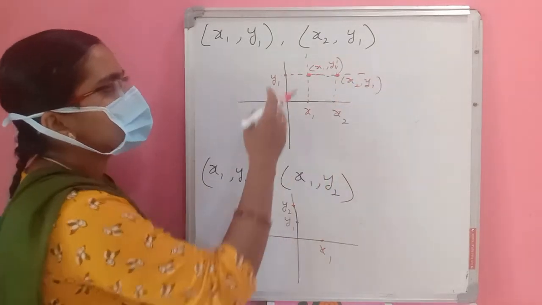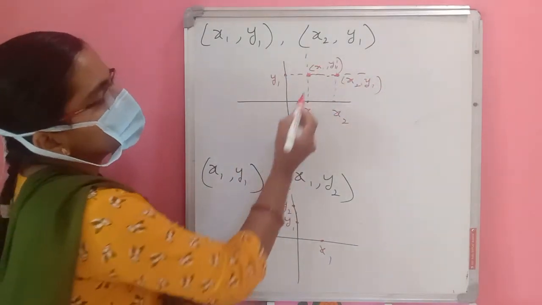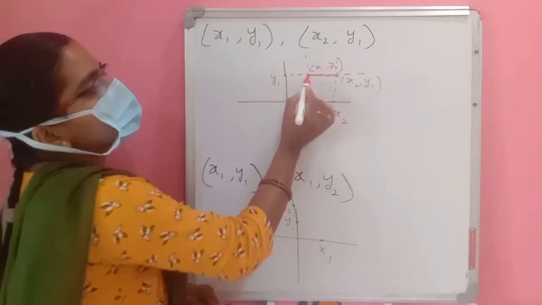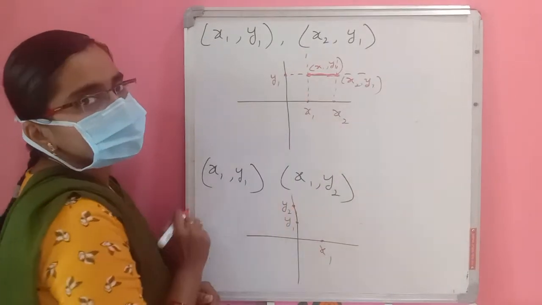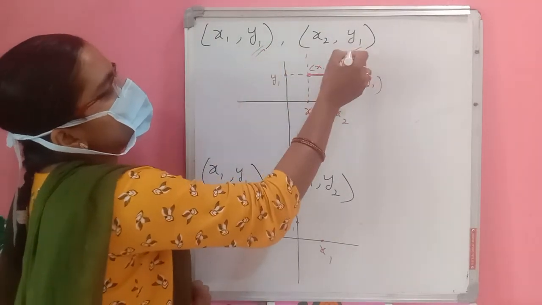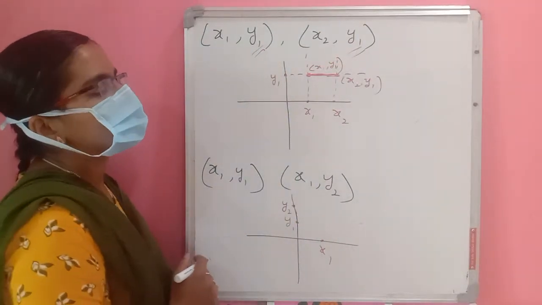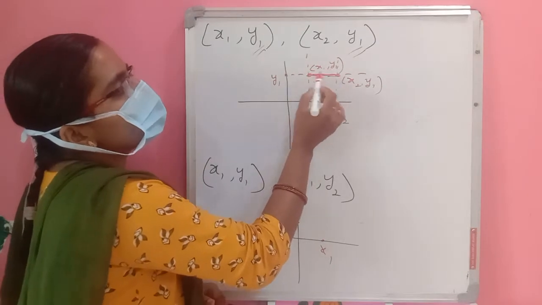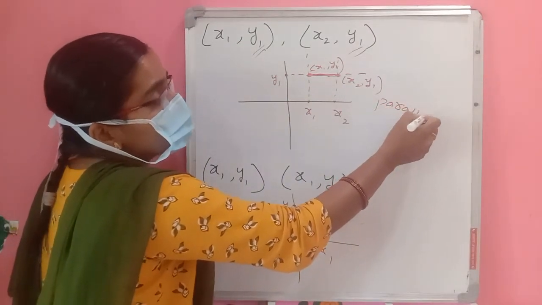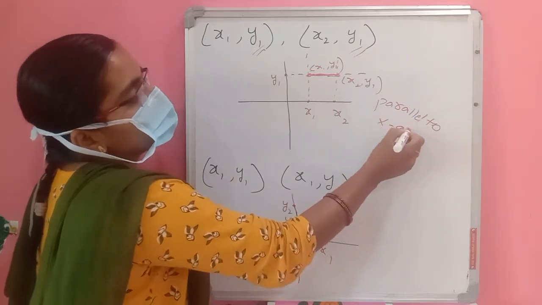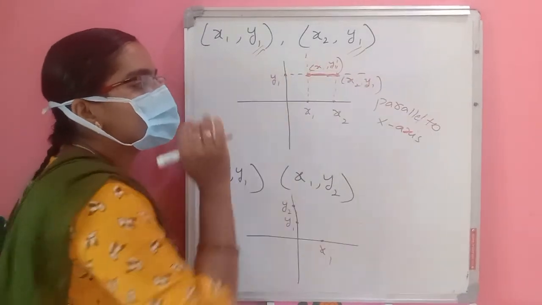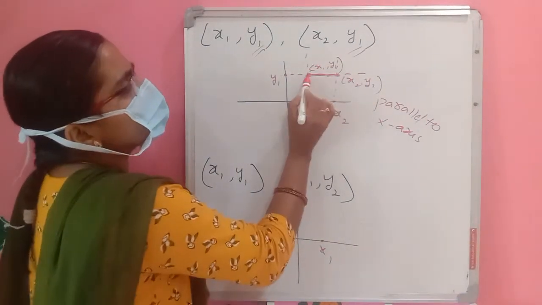Then what is the distance between x1 y1 and x2 y1? This is the distance between these 2 points. This line is parallel to the x-axis. When the y coordinate is constant, the line joining 2 points is parallel to the x-axis, and this is the distance between the 2 points.